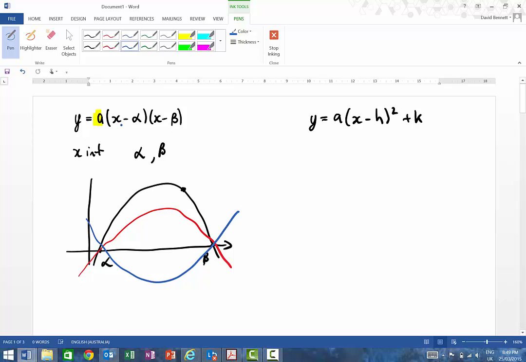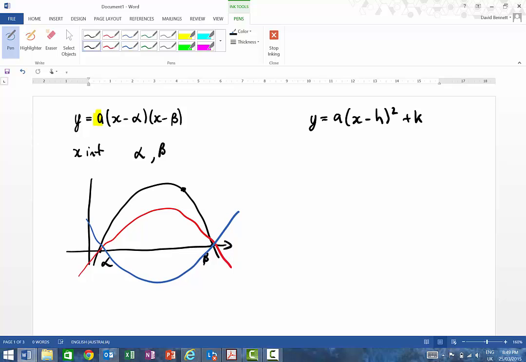They would all have that same equation, y equals a(x take alpha)(x take beta). The only difference between these equations will be the A value. The A value will fix how wide it is, how steep it is, and whether it's going up or going down. Keep that in the back of your mind.